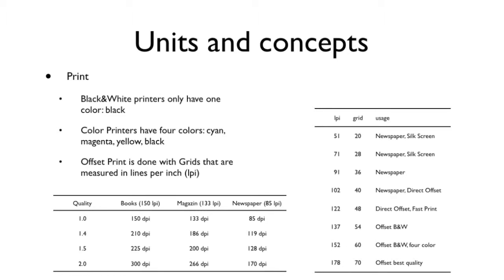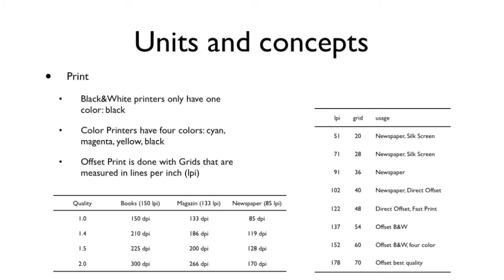So as a rule of thumb, and I've not yet been able to find any really good explanation of what the connection between LPI and DPI is. And I've looked. If you find it, let me know. I'm really curious. Could it be because the old printers used to go back and forth?